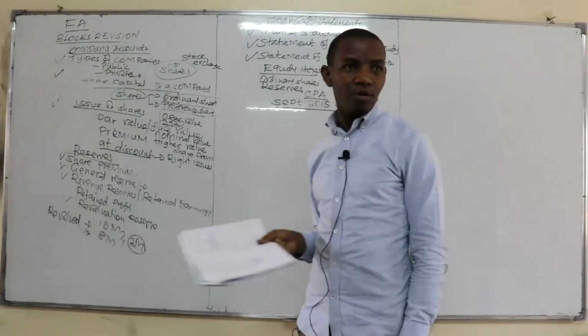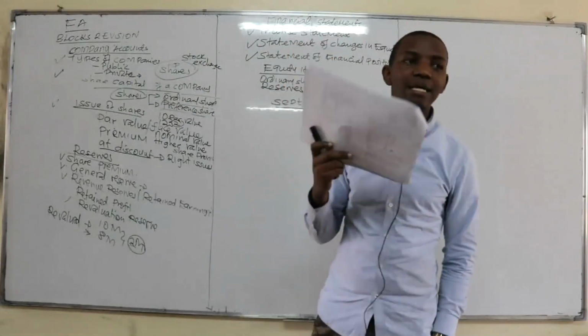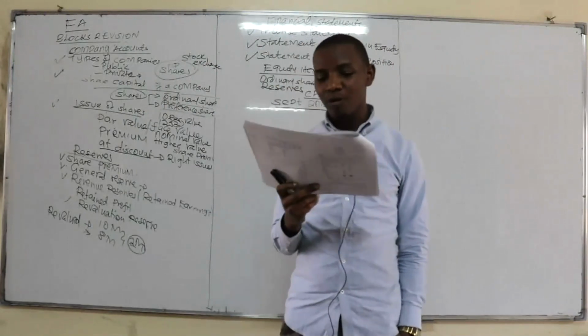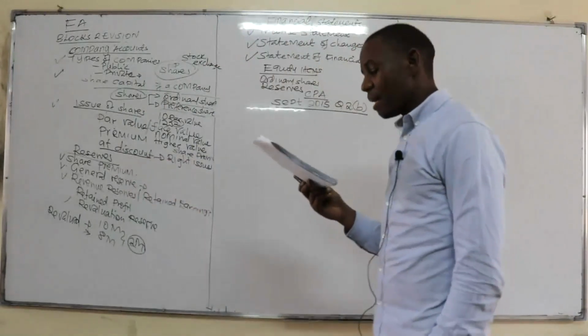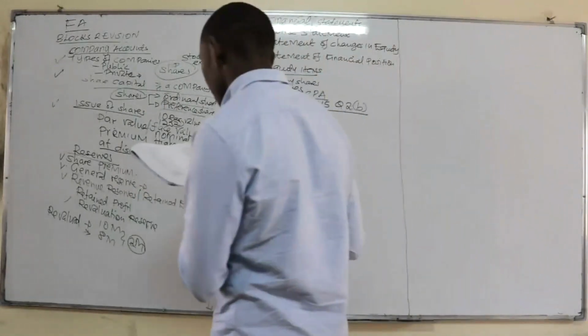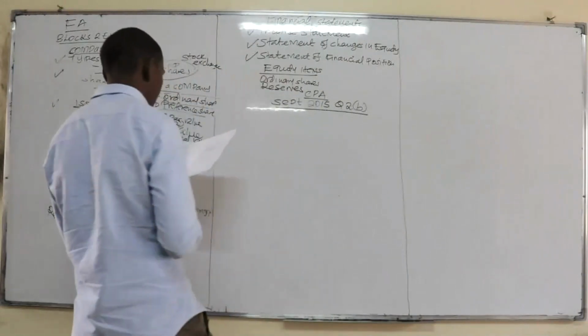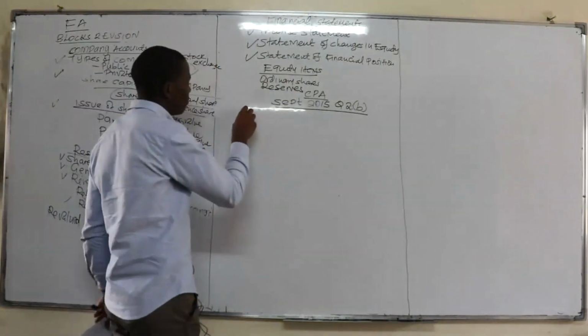Ordinary shareholders. But for the preference shareholders, it is supposed to be paid at a fixed what? Fixed rate. You are required to prepare the income statement for the year ended 30th May 2015. So I will begin with that.